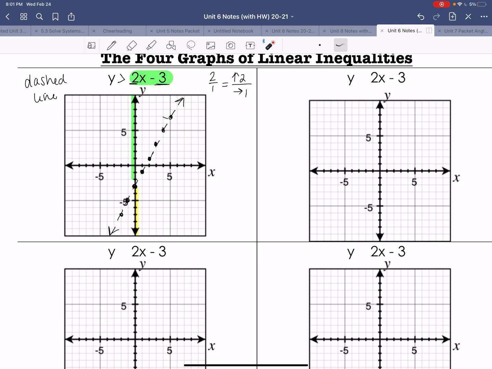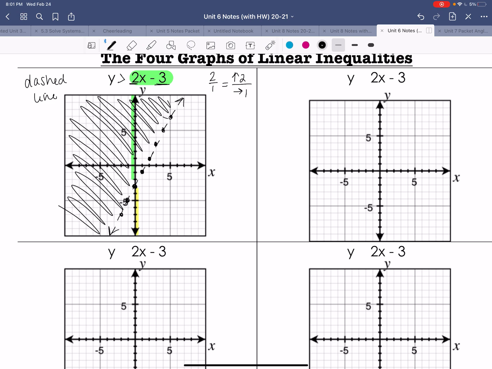Okay, so you're kind of thinking like a number line. Here is a negative 3, then we have negative 2, negative 1, 0, 1, 2, and so on. And if I go down, they're getting more negative, right? So if I want to shade where y is greater, that's going to be this portion of my graph. So that's how I would shade.